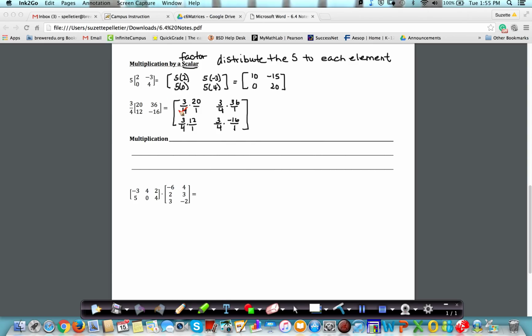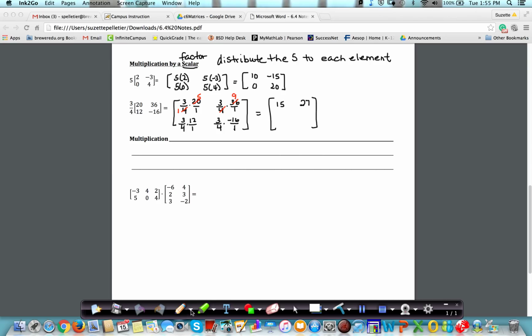4 goes into 4 once, 4 goes into 20 5 times. Okay, that means that I'm going to get an answer of 3 times 5, or 15. Okay, and then I'm going to reduce here. 4 goes into 36 9 times. So I'm going to get 3 times 9, which is going to give me 27.